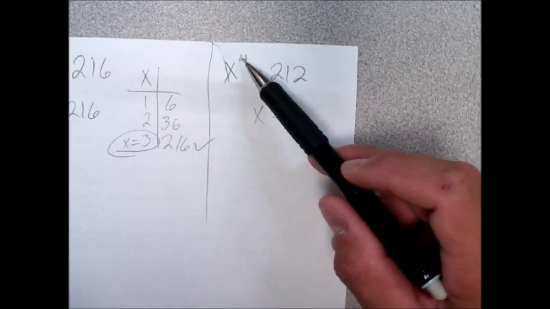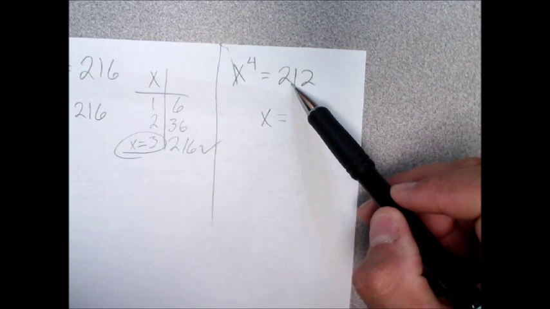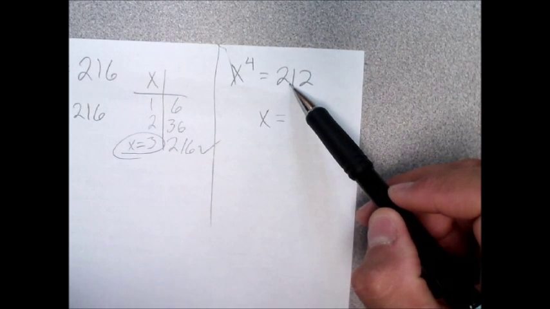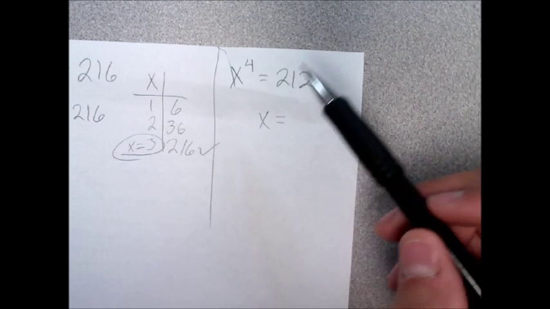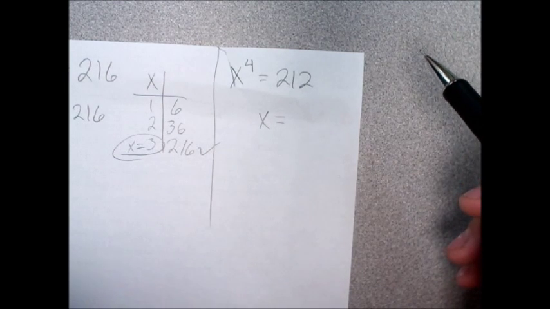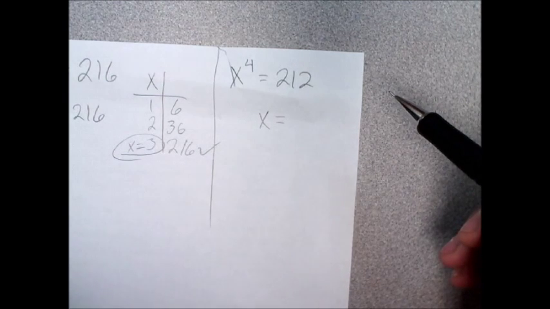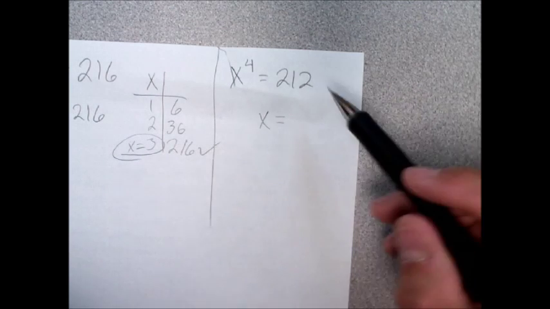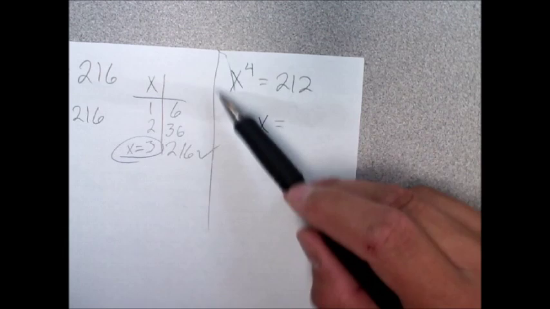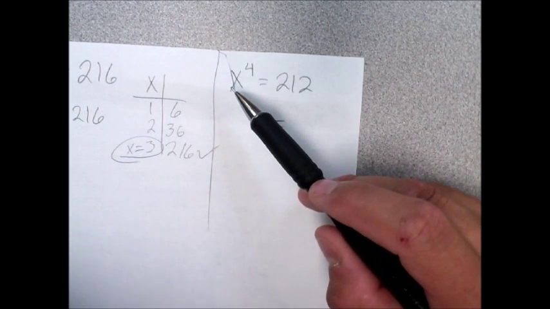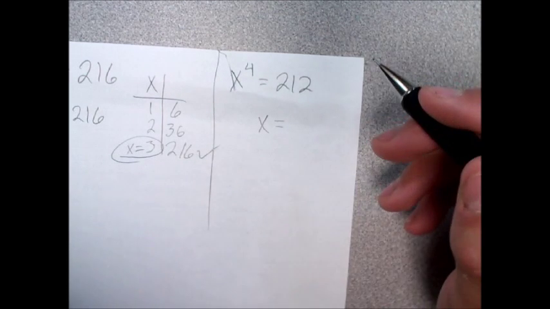What multiplied by itself 4 times is 212. So, Will, what does this question ask? You can just repeat what I just said. That'd be fine. Might want to pay attention, but okay. This problem says what number, X, multiplied by itself 4 times is 212. So what did I say that time, Will?